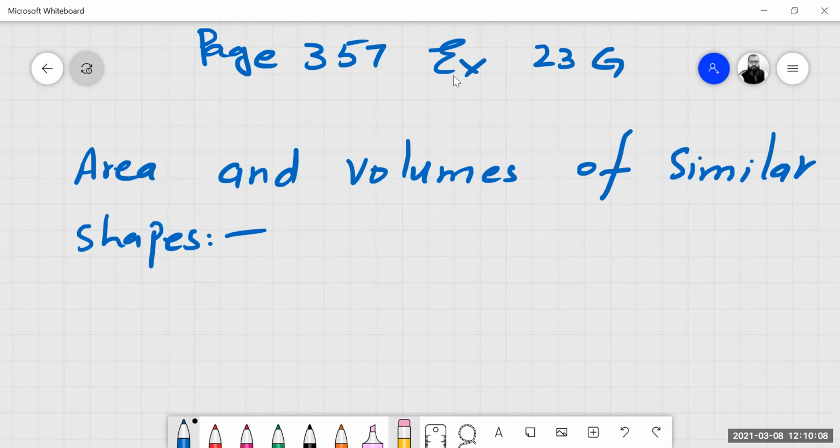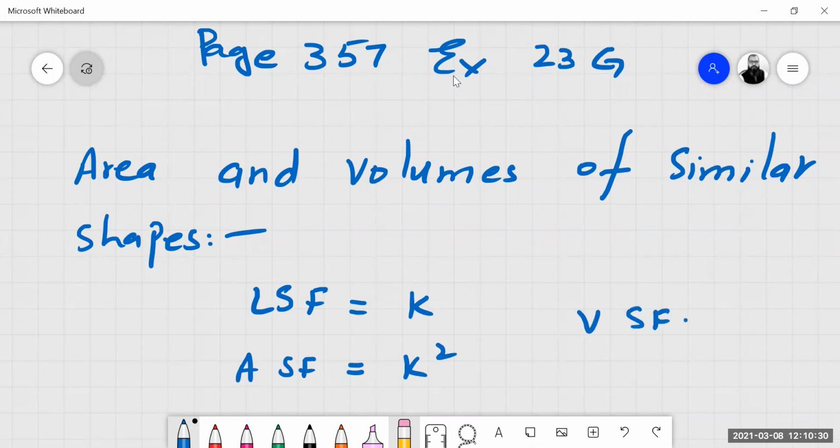Two solid shapes are similar if corresponding lengths are in the same ratio and corresponding angles are equal. In that case, the volume scale factor will be k cube. Linear scale factor is k, area scale factor will be k square, and volume scale factor will be k cube. Why?